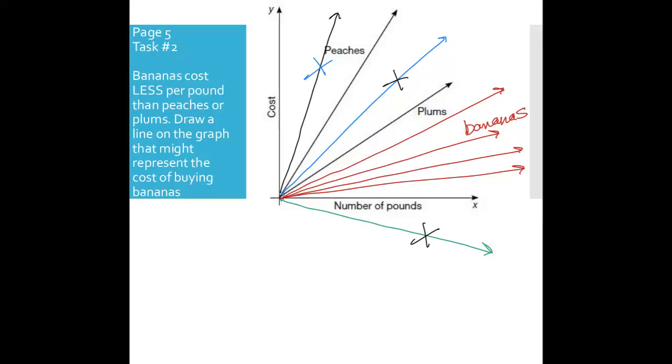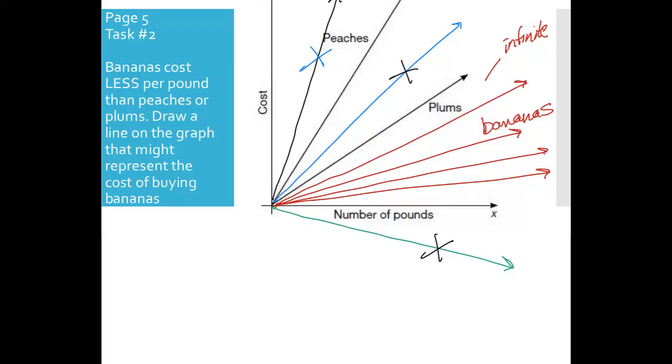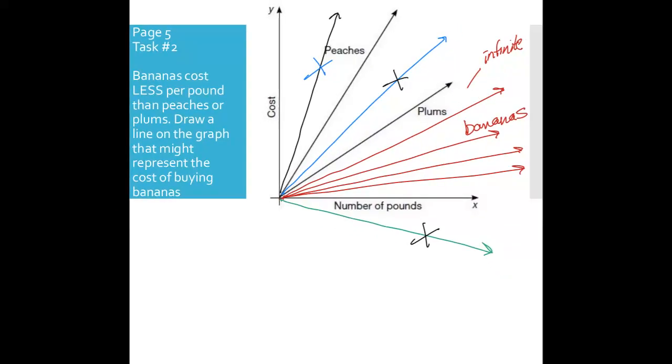How many lines could I have? 3? Infinite. Yes, you could have infinite number of lines because you can always find a point that is even smaller. So, infinite number of lines, not just one line, but it has to be less than plums and more than the x-axis.